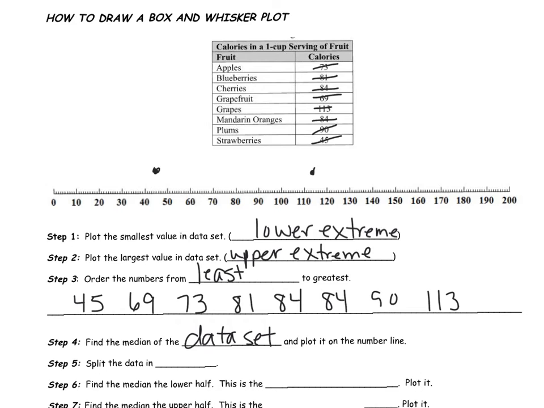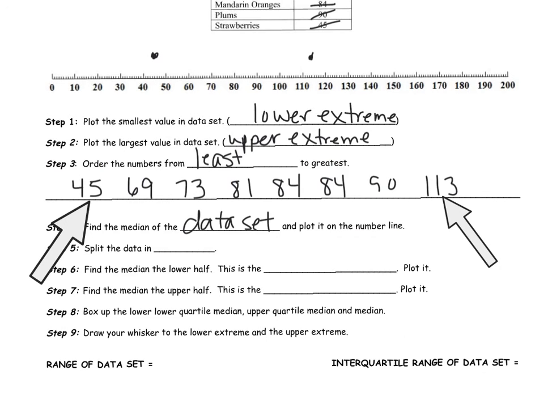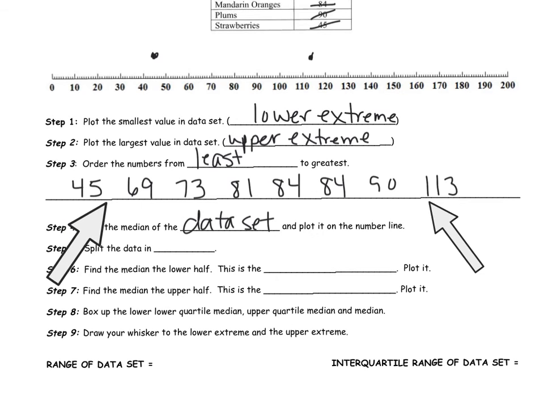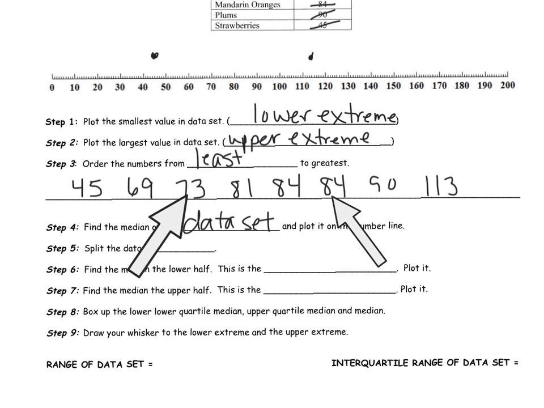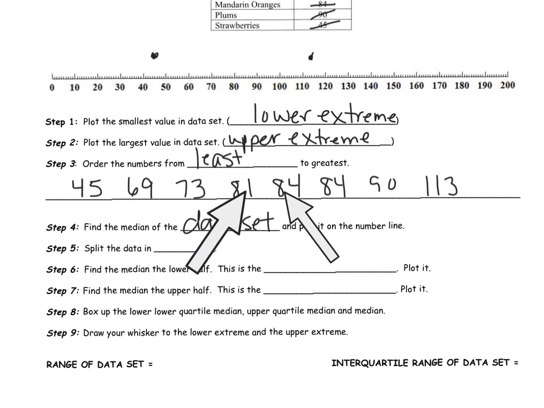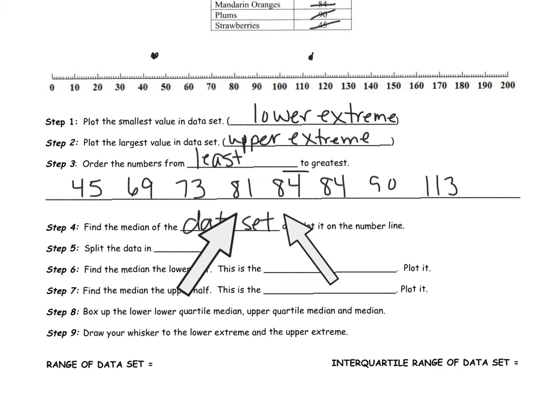What you can do is put your fingers at each end of the data set, on 45 and 113, and literally just count until you get to the middle. Hopefully you get to one number in the data set. But if you don't, like I did, I landed on 81 and 84, which tells me both of those numbers are in the middle.